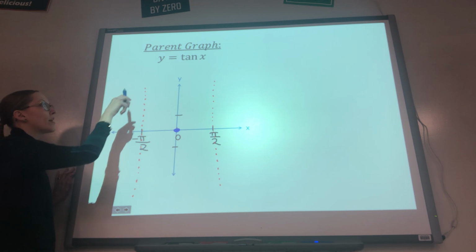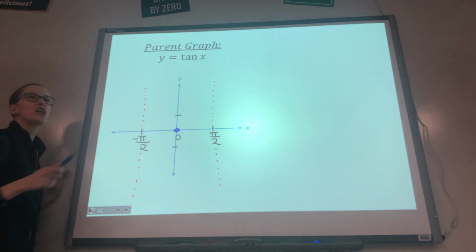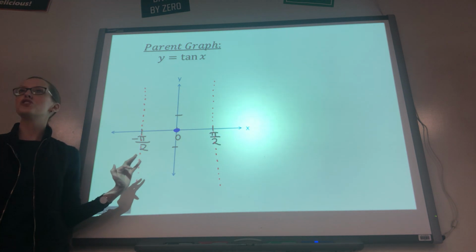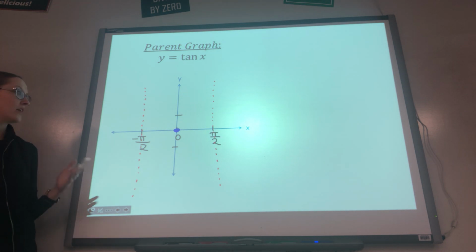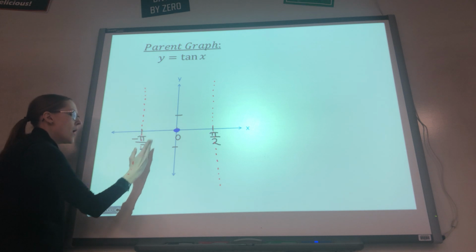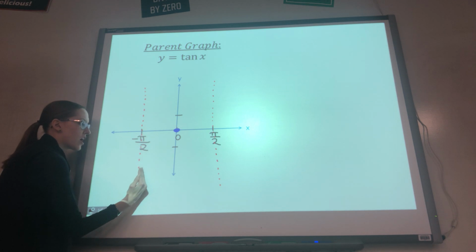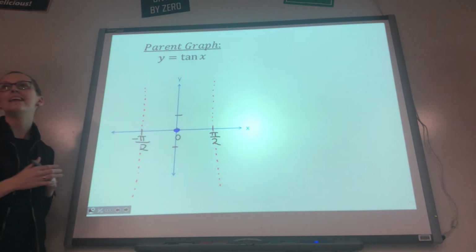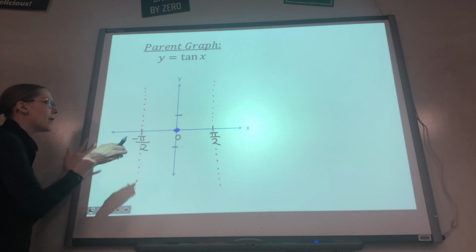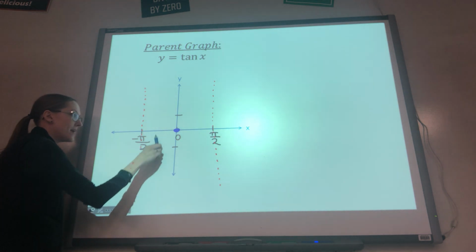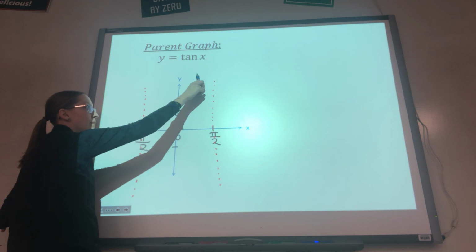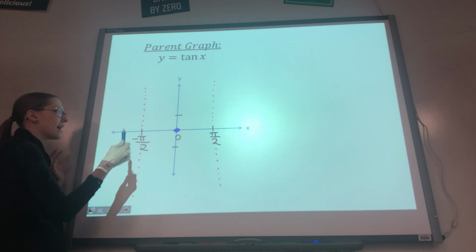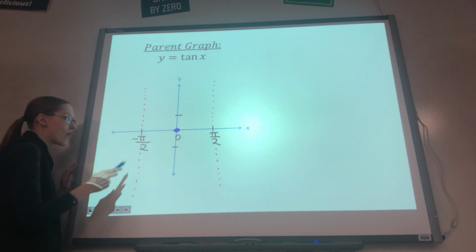The first thing I want to tell you is the shape of a tangent graph is similar to the shape of a cubic function. We haven't done those since pre-calc, but a cubic function starts down here to the left and goes up to the right. It didn't have asymptotes, but it's the same kind of shape, down to the left, up to the right. So watch carefully how I can estimate a couple more points on my graph.